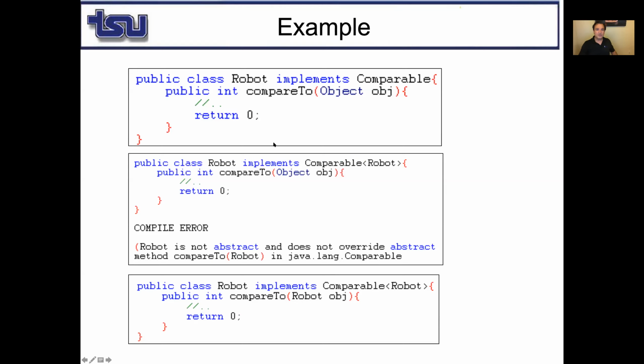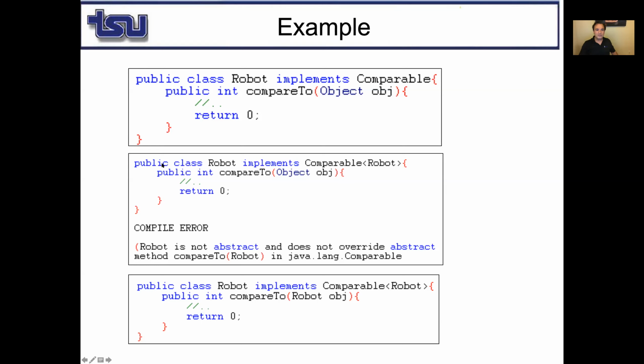Okay. So let's see, hypothetically, let's assume that we have a class Robot that implements an interface called Comparable, and it implements a method, the Comparable interface's method called compareTo, which takes an object as input. Let's say that I want to do this as generic.